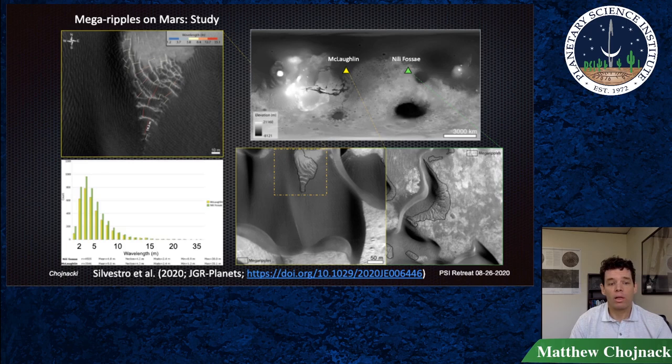The lower left plot shows the histogram of their wavelengths or spacing distribution, which is a common way to classify different bedforms. You can see those range from 2 to 20 meters and are larger than the dark tone ripples. And even in the top left, you can see that those dark tone ripples you can barely make out compared to the brighter mega-ripples.